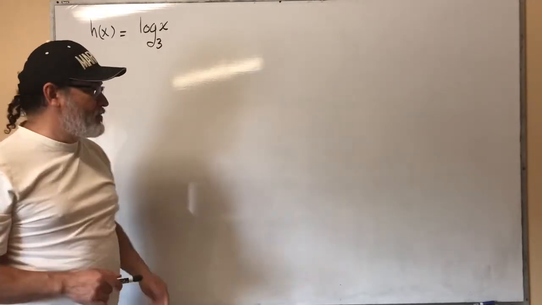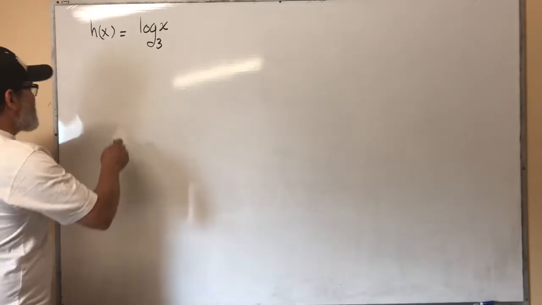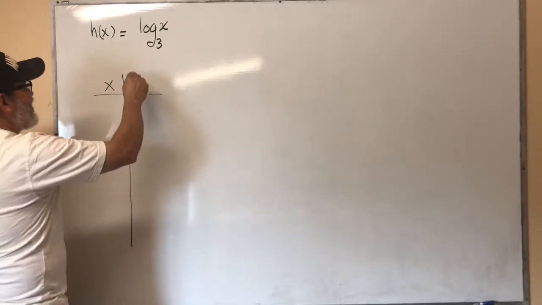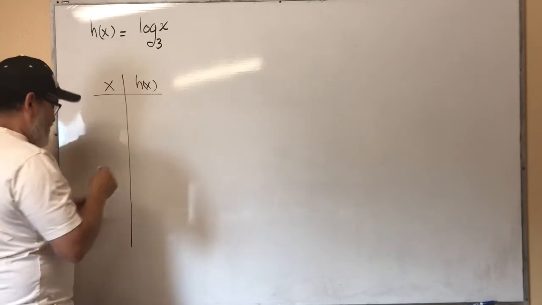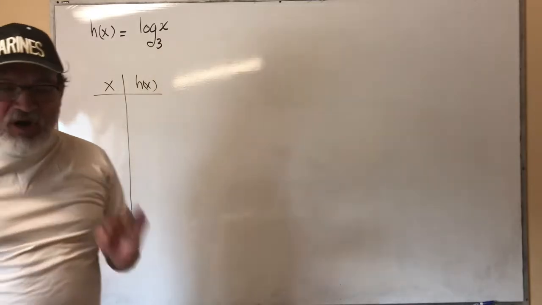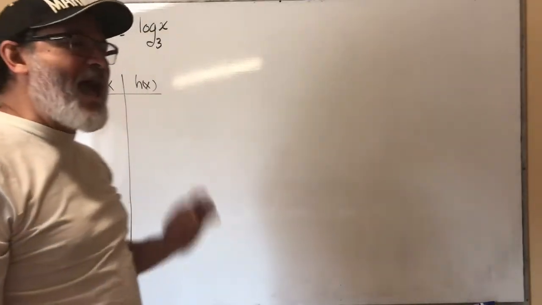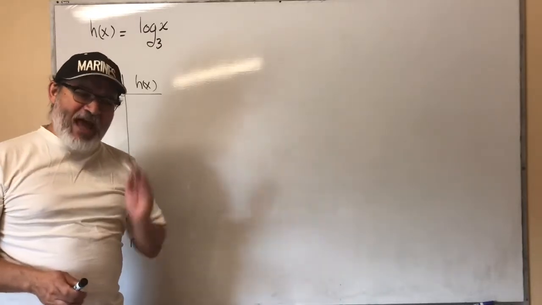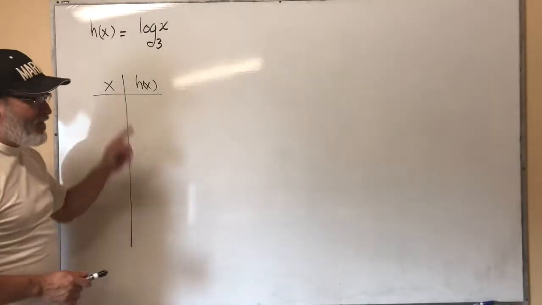Don't forget that. So watch this. X and h of x. When you graph this, you have to pick smart values for x. What are smart values for x when you graph?